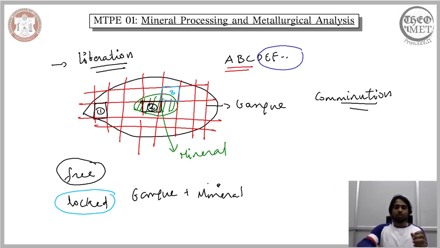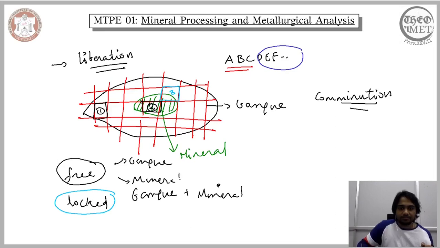So essentially, even though we can categorize the fragments after comminution largely into two, free and locked particles, if you look closer, the free particles comprise gangue particles and mineral particles.